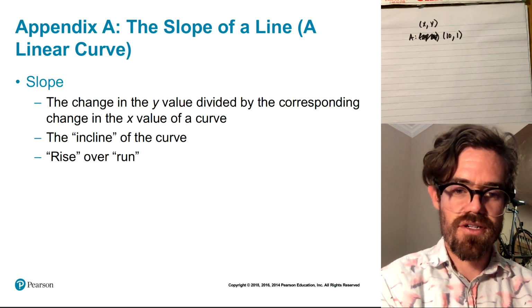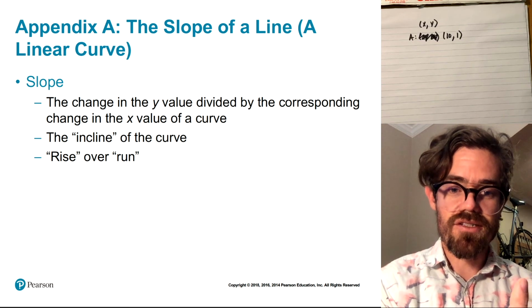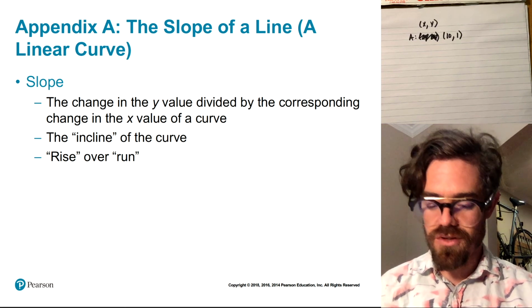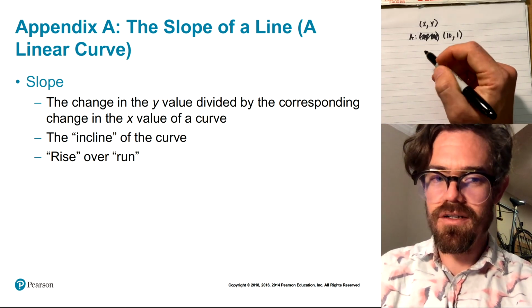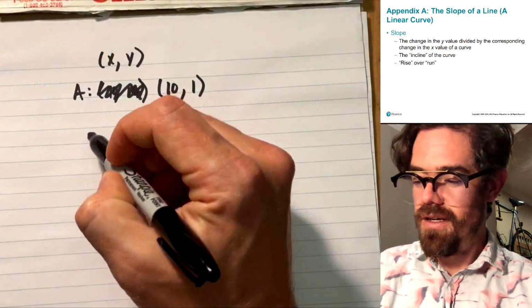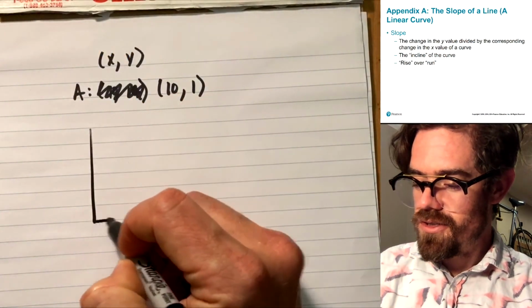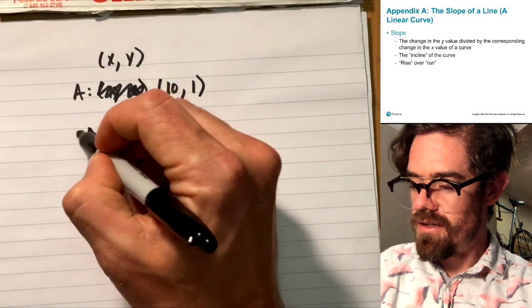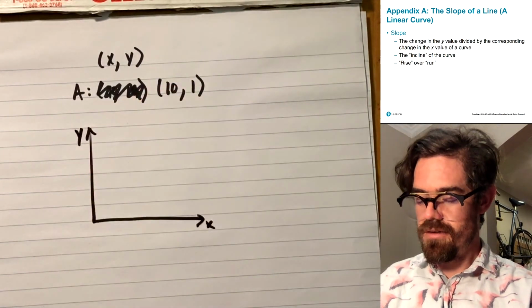So in this direction, it's a positive run. We're going in the positive direction. If we're going in this direction, it's a negative run. So a little harder to maybe remember there. But graphically, I'll just show you. So here we have our x-axis, our y-axis.